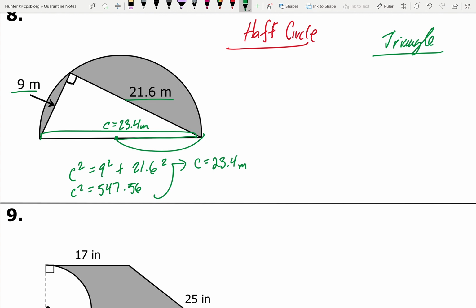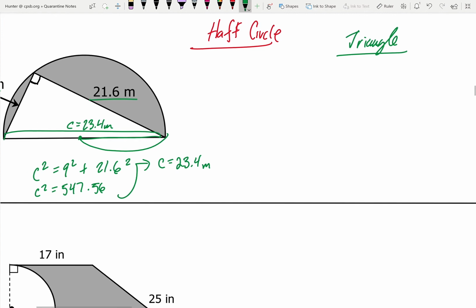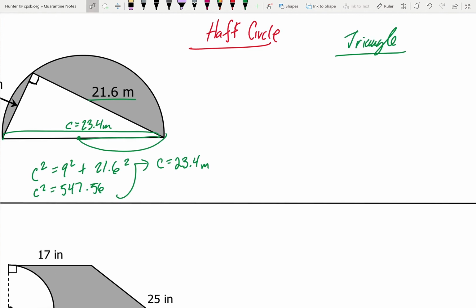Alright, so now I have my diameter. So the radius is just 23.4 divided by 2, which is 11.7 meters.